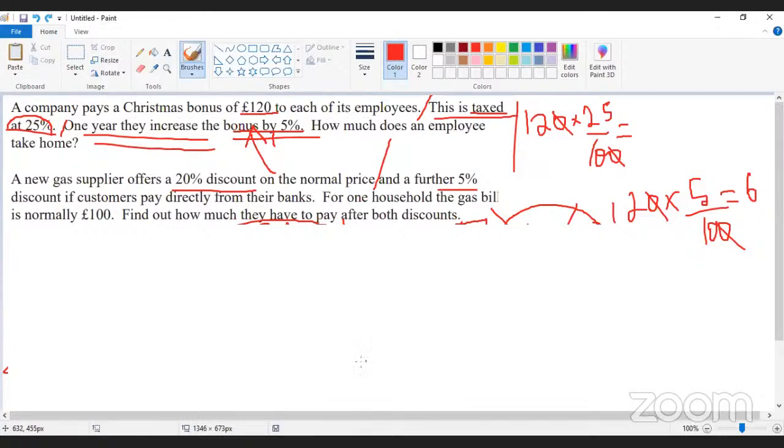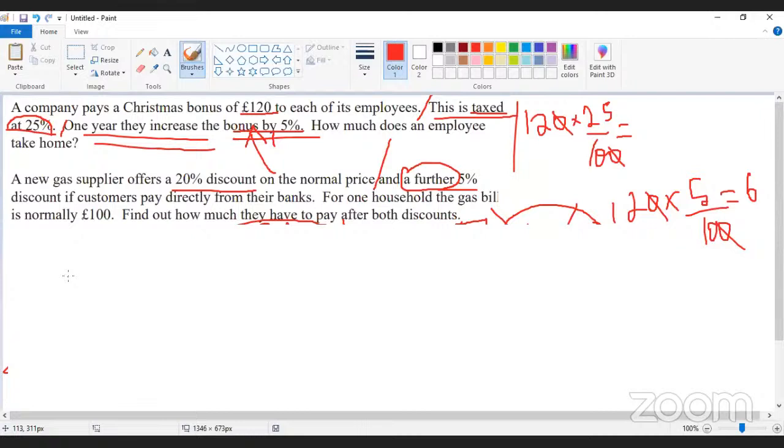Now when I say it is a further 5% discount, would you reduce it from the actual price or from the discounted price? It is told very clearly: a further 5% discount if the customer pays directly from the bank.